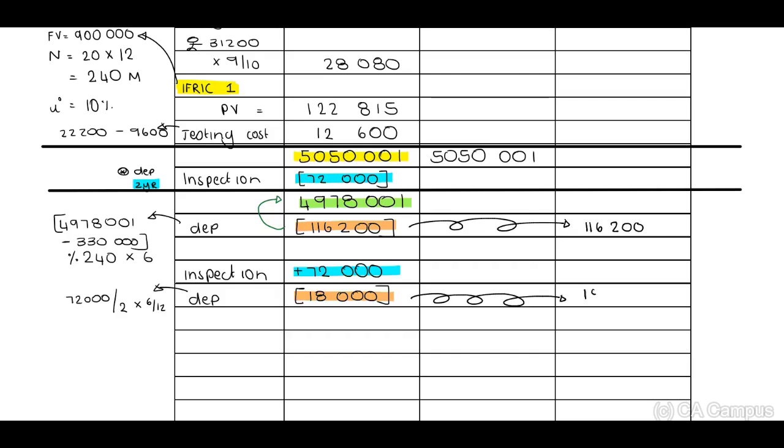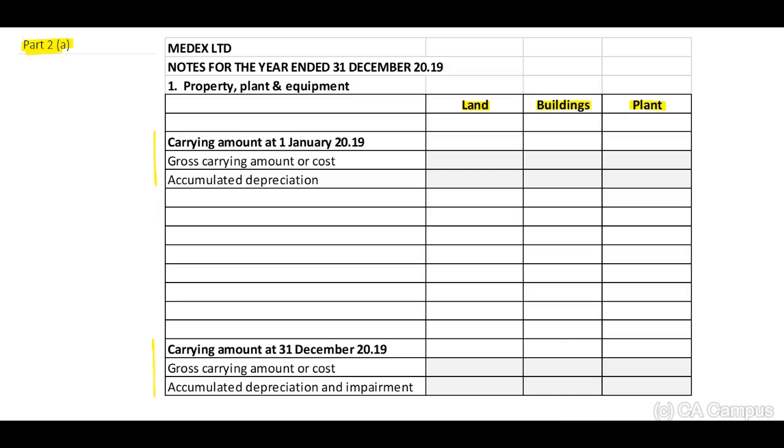Remember, I'm busy with my PPE note. In my PPE note, I will have to include here my depreciation. And now that I remember, guys, I have the additions, which is the plant. Okay, but I still have to calculate the total additions amount.